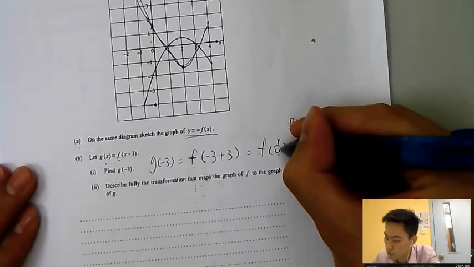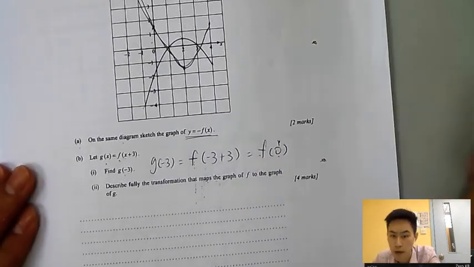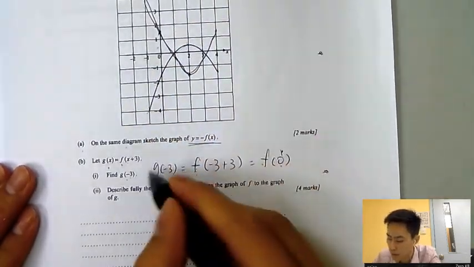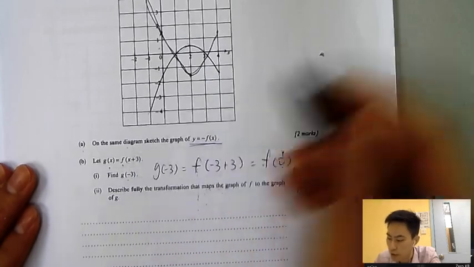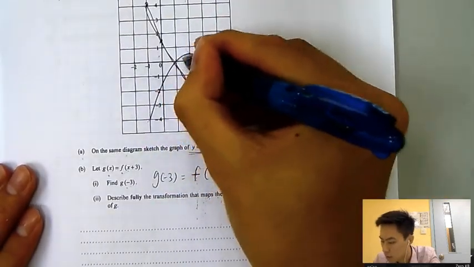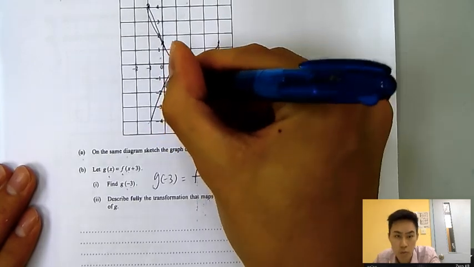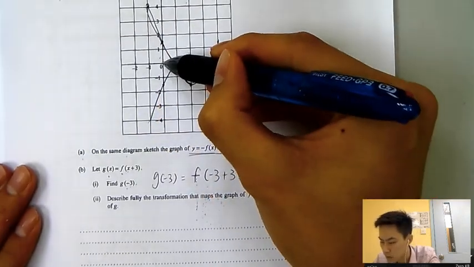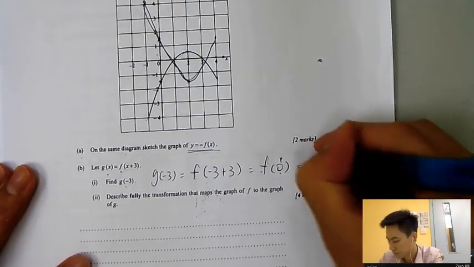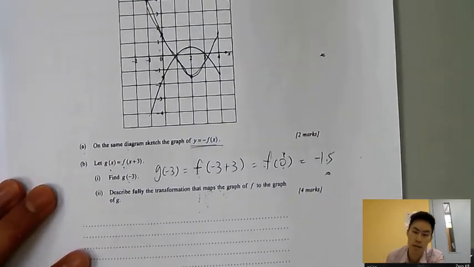It only refers to x equal to 0, and you have to find y. When x equals 0, refer to the original graph f(x). So f(0) is minus 1.5. When x is 0, you can see the y point is minus 1.5. So that's the answer.